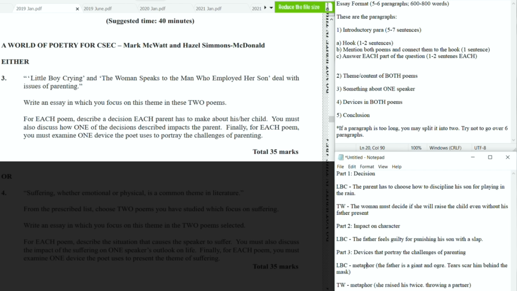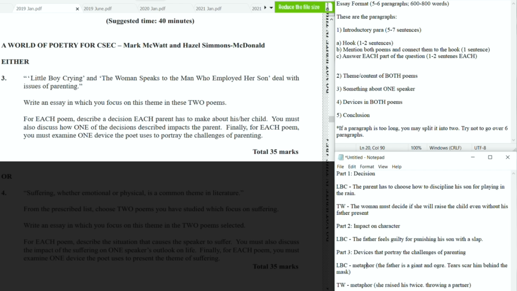If while writing your plan you realize that even one part of the question is too difficult and you don't know what to write, you can't find examples, then maybe you need to go back and choose the other question.